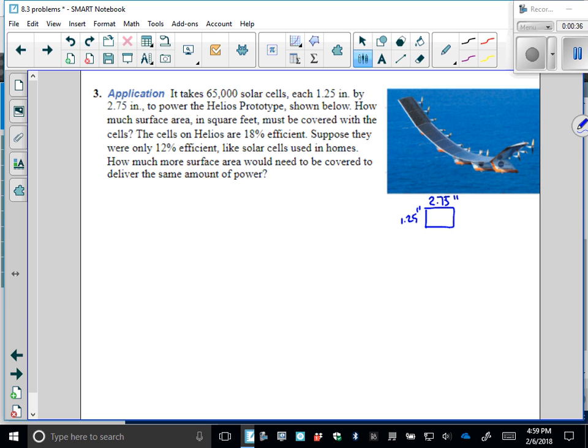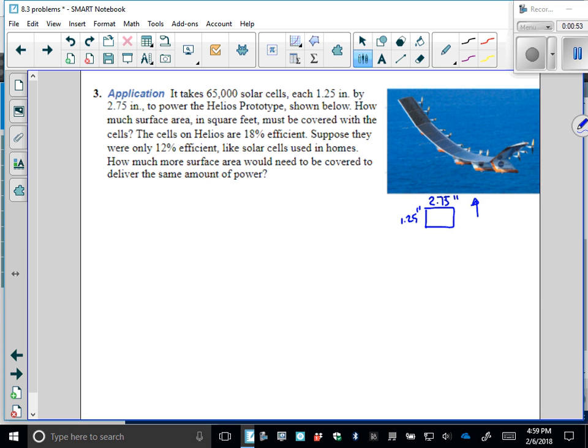They're covering this prototype shown actually to the right. And your job is to figure out how much surface area in square feet must be covered with the cells.